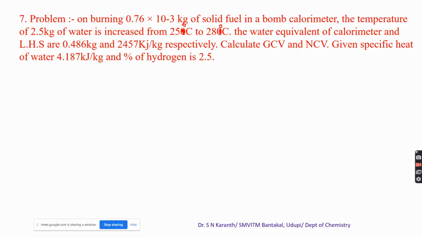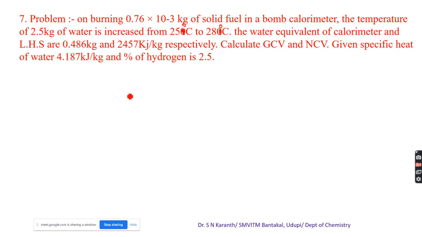Here M is 0.76 × 10^-3. W1 is 2.5, W2 is 0.486, all in terms of kg, no problem. Then the temperature rise is 28 minus 25, multiplied by 4.187.